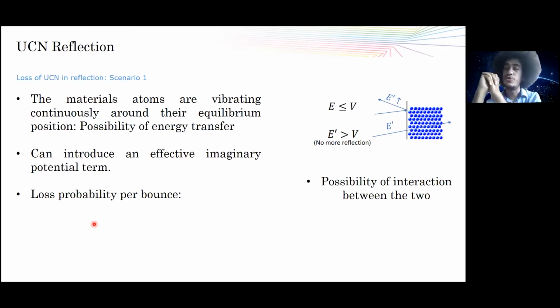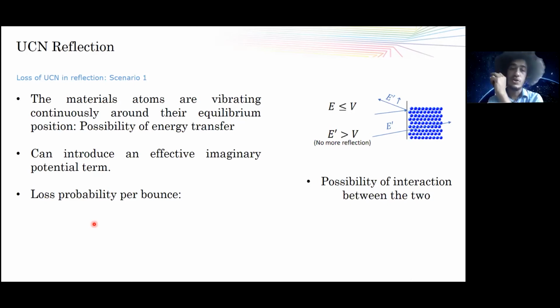So there is always a possibility that your sample will give a part of its energy to the incident neutron once it makes a transition to another energy state, and then it releases it, and the incident cold neutron will just absorb that, in which case it won't reflect, and it will just go through the material. So that's one way of losing it.